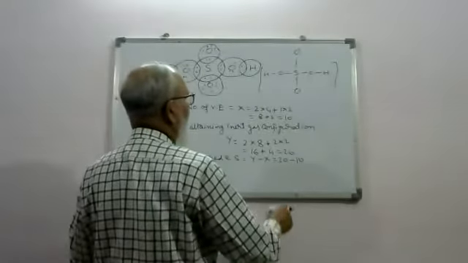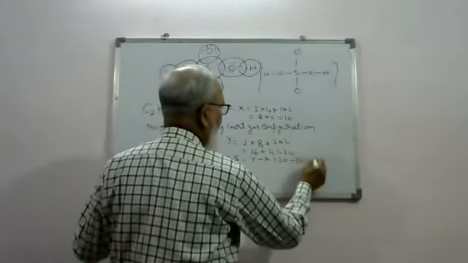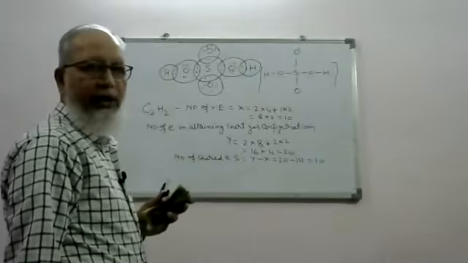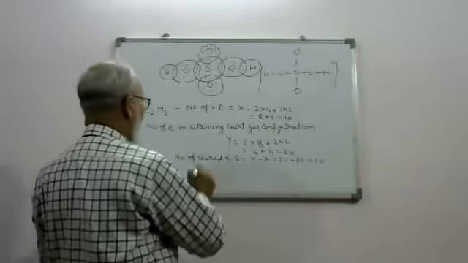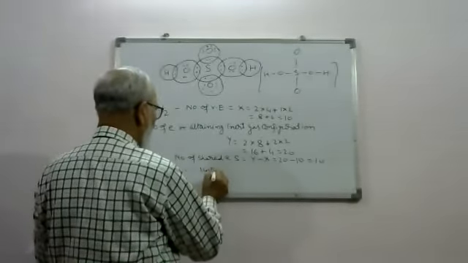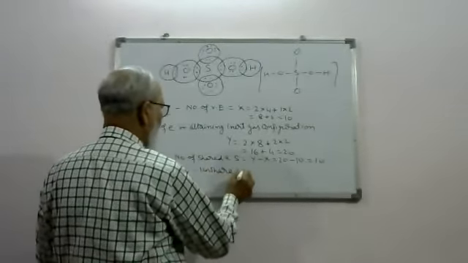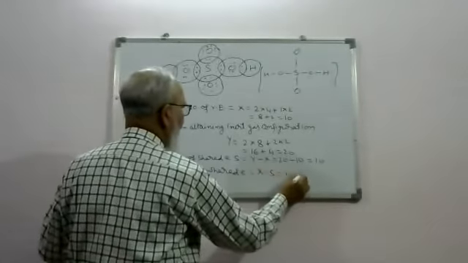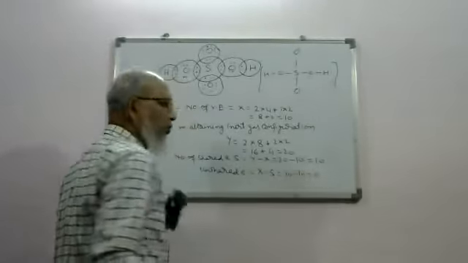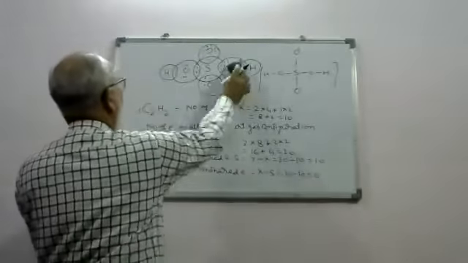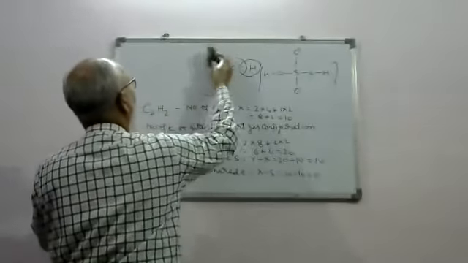So this will become equal to 10. 10 electrons are shared. Number of unshared electrons is equal to X minus S, 10 minus 10. This is equal to 0. So it does not have any unshared or lone pair of electrons.